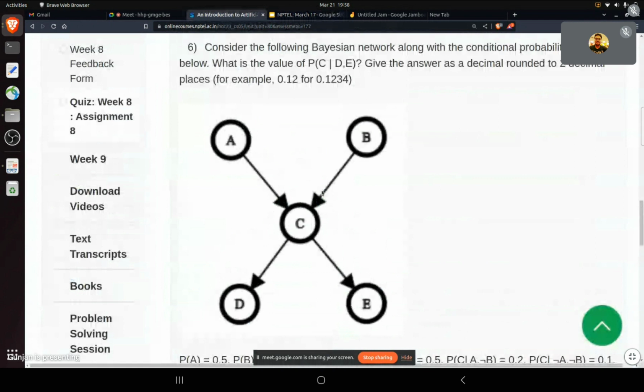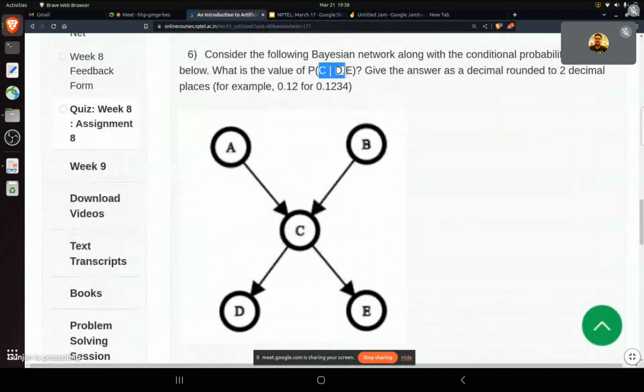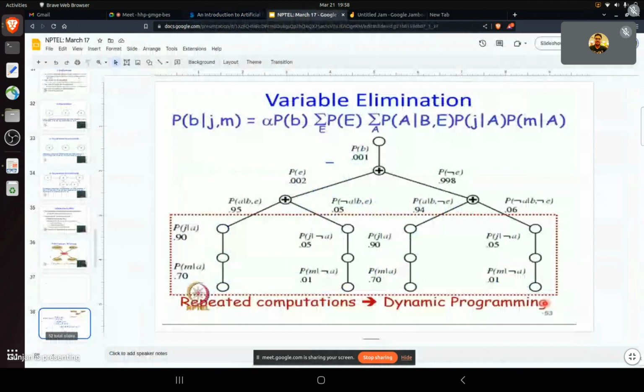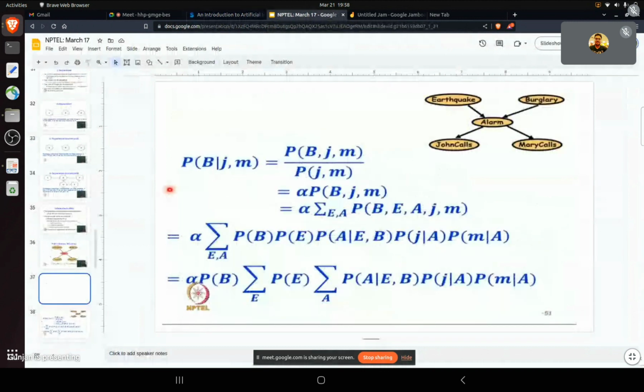But you have to remember one thing, that it is C conditioned on D comma E. So you have to correctly apply the Bayesian rule, that once you expand, then you might add more terms and remove terms from it. For example, here you are adding E comma A, so you are adding all the values, taking the sum over all the values of E comma A. Like E true, A true; E true, A false; E not true, A not true; and so on, all the four possible combinations.